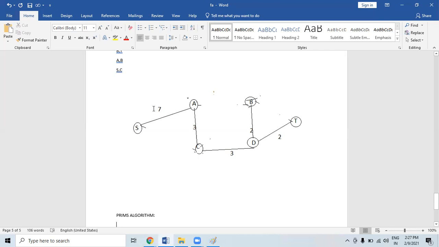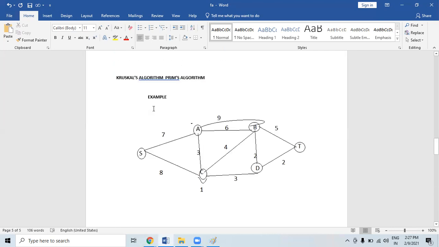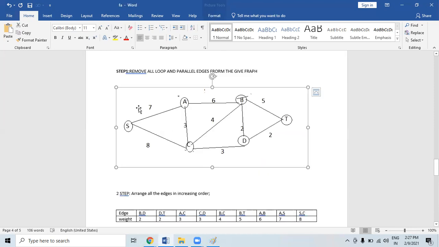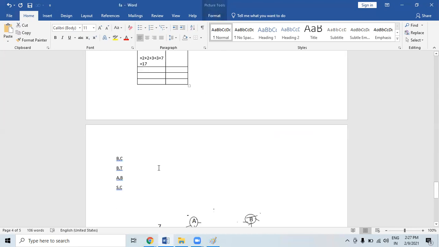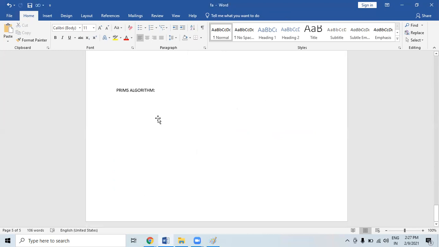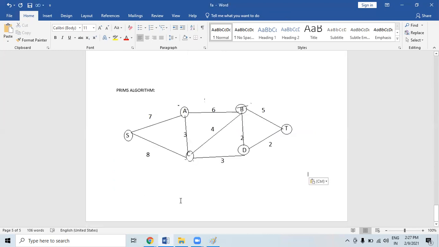Same example is there. Let's copy this example here. First choose any arbitrary node. In this case, we choose node S as the root of the Prim spanning tree.